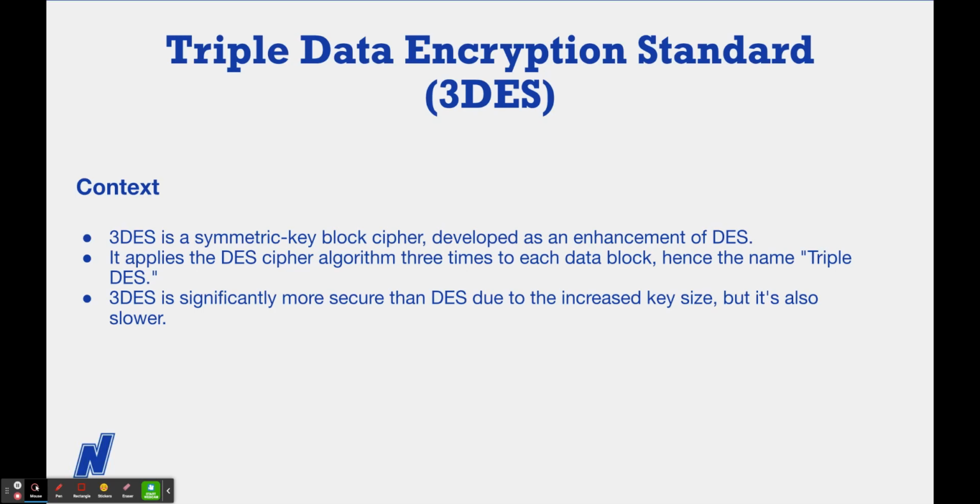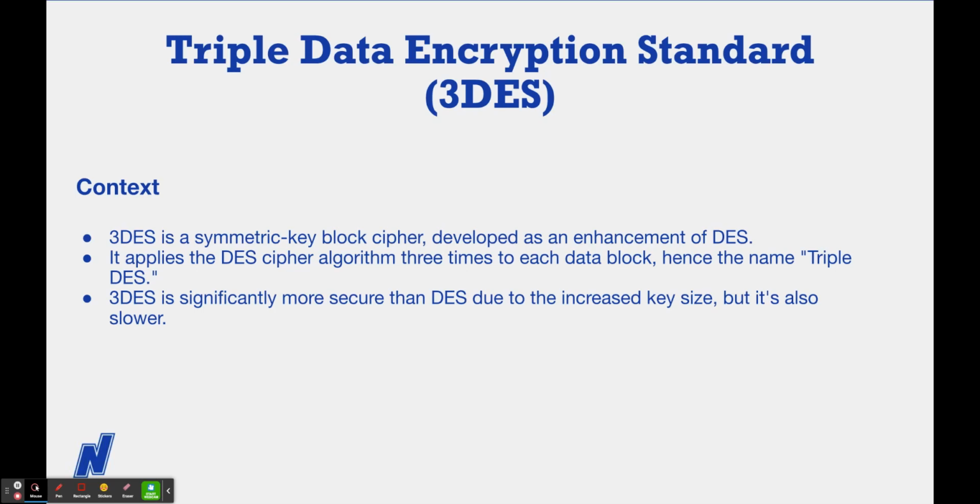While DES uses a 56-bit key, which was proven to be susceptible to brute force attacks, 3DES applies the DES cipher algorithm three times to each data block, significantly increasing the key size and hence the security of it.